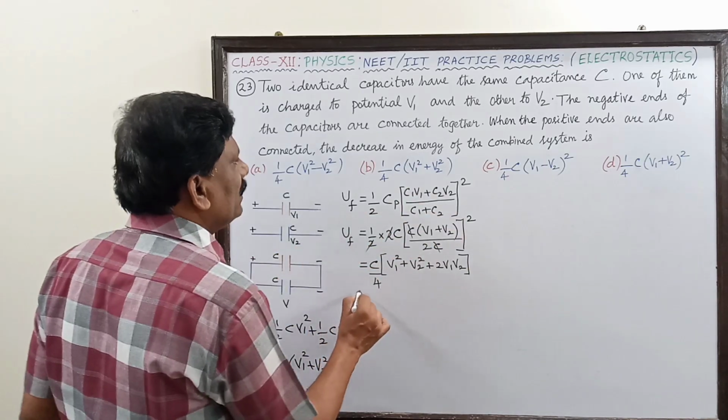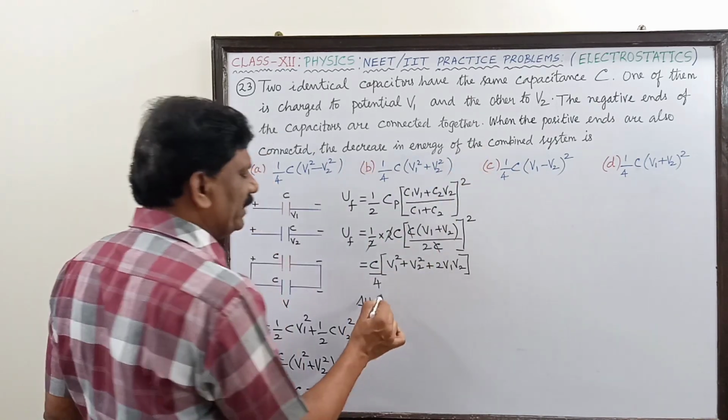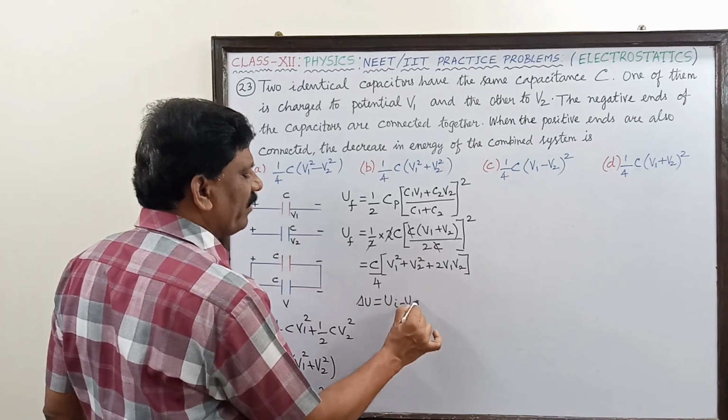Now what is asked here? The decrease in energy, that is delta U. Decrease in energy means U initial minus U final.